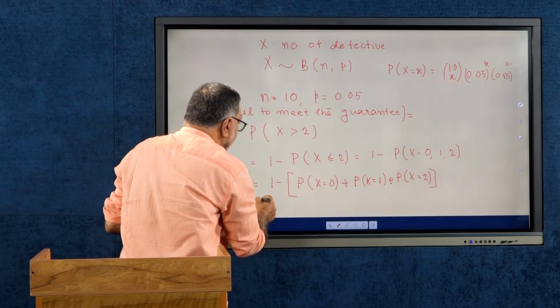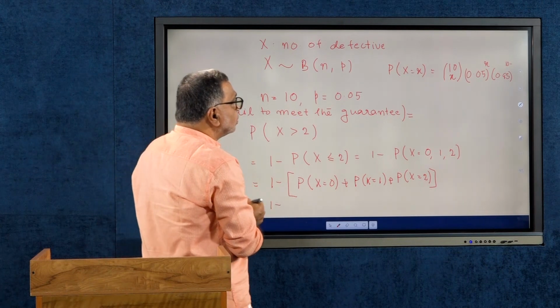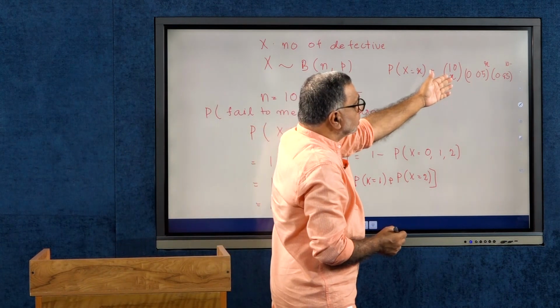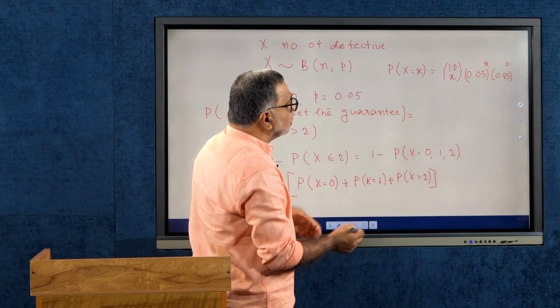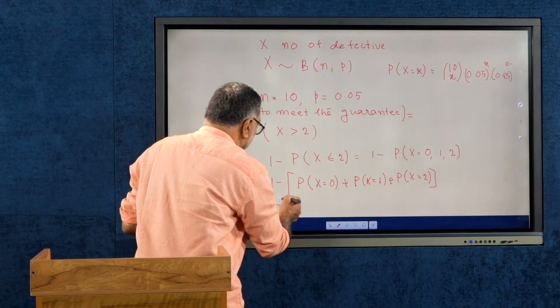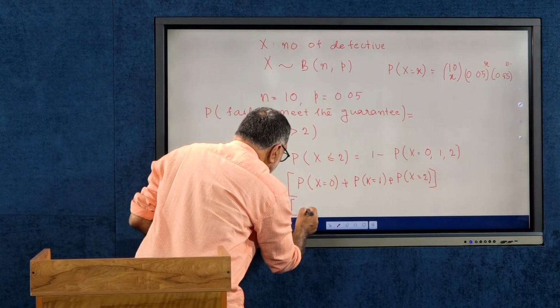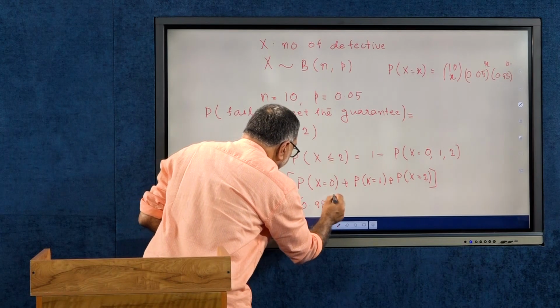Substituting the values, this is equal to 1 minus the probability of X equal to 0, that is 10C0 times 0.05 power 0 times 0.95 power 10 minus 0, which is 0.95 power 10.